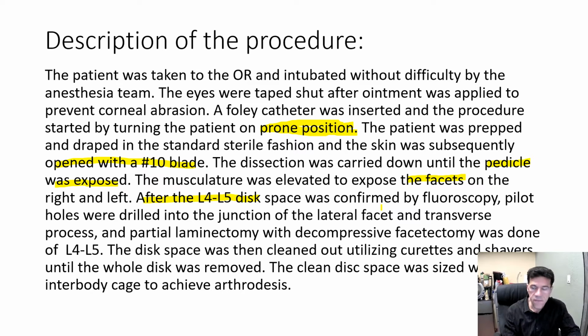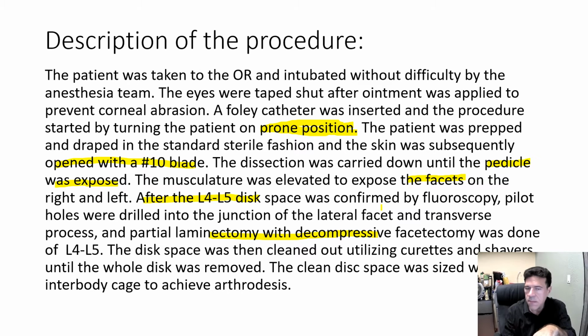Right? They check with fluoro and then they drill the lateral transverse process, and partial laminectomy was performed. Laminectomy with facetectomy. This is approach. In this case, they are trying to get to the joint, the lumbar 4, lumbar 5 intervertebral joint.